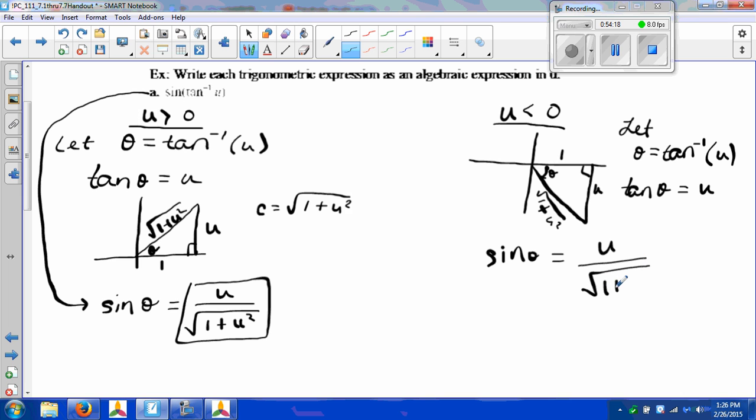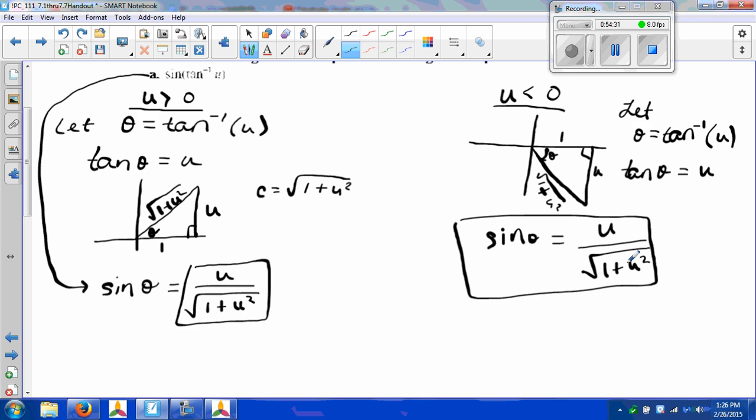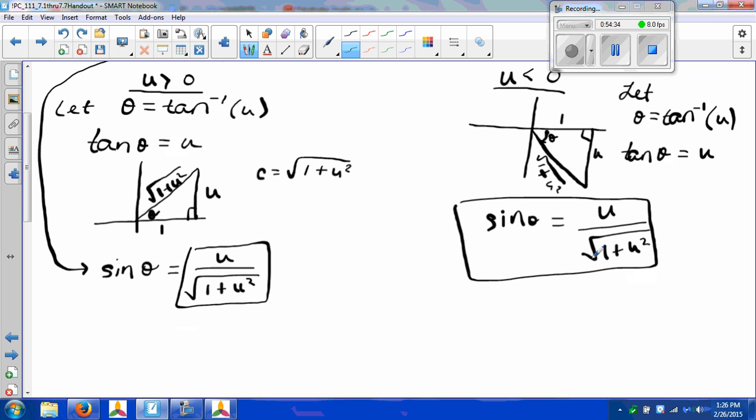So you can see, it doesn't matter if it's positive or negative, because it is already taken care of with the negative in the variable. Then the sign will come out appropriately depending on the actual sign, positive or negative, of u. So if u is positive, then the sine of theta will come out positive, as it should in quadrant 1.